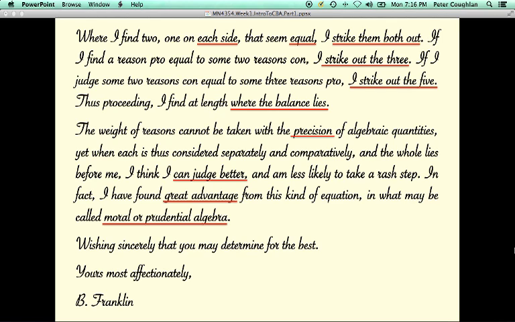Thus proceeding, I find at length where the balance lies. The weight of reasons cannot be taken with the precision of algebraic quantities, yet when each is thus considered separately and comparatively, and the whole lies before me, I think I can judge better, and I am less likely to take a rash step. In fact, I have found great advantage from this kind of equation, in what may be called moral or prudential algebra. Wishing sincerely that you may determine for the best, yours most affectionately, B. Franklin.